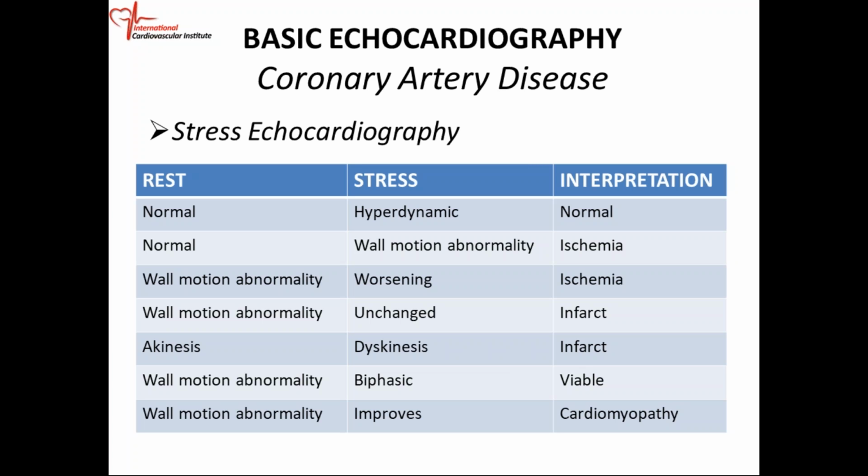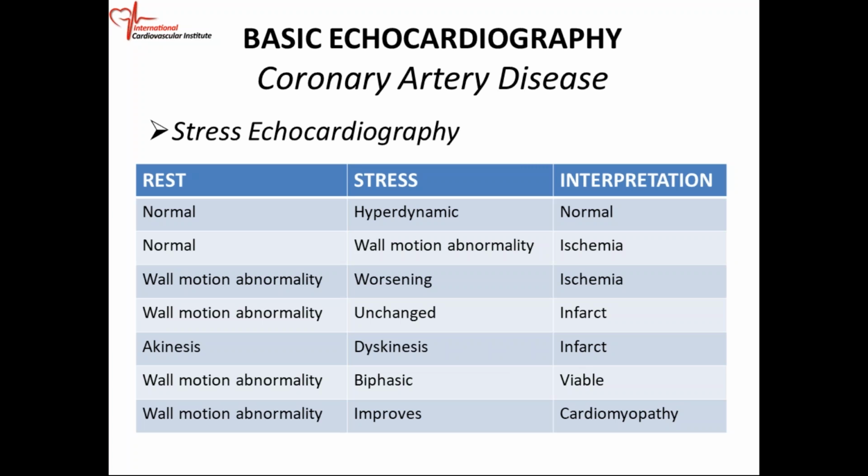So you have to do a test to determine if there's viable muscle, because if all that 30% is just dead muscle, you just treat the patient medically. You do not increase the patient's risk because they're not going to benefit from you doing anything.